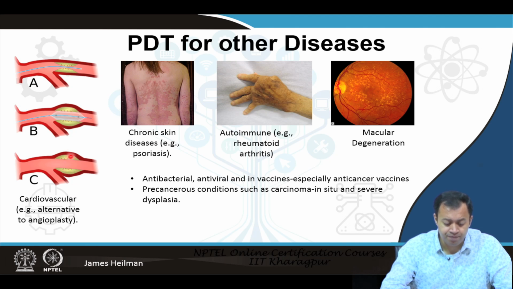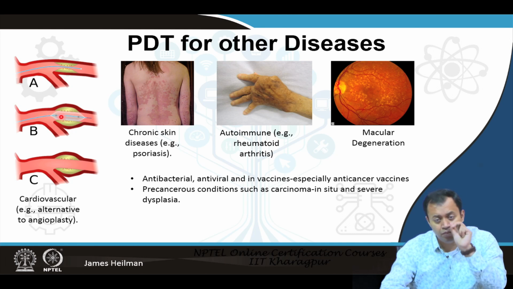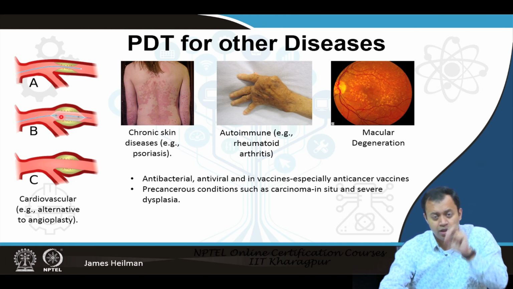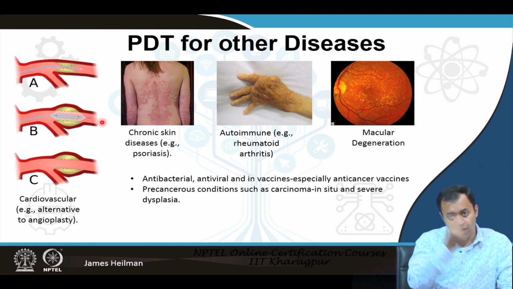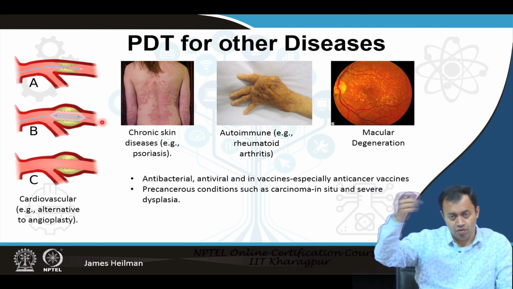lipid parts, and then using the same catheter, it is a tube, instead of inflating a balloon, you just shine laser light from here. The laser light will burn the fats, and the blood vessels will carry the residue forward.